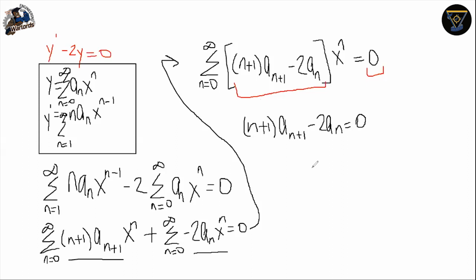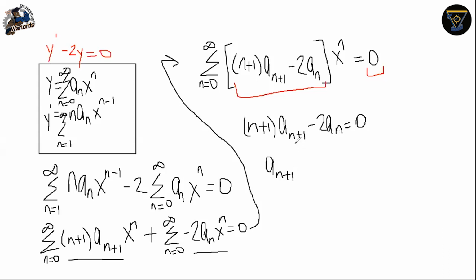So after this part, the next step is for us to transpose for a variable of a. Seeing that we have an a here and we have another a here, we need to transpose for the one that has a bigger index, right? So which one do you think has the bigger index? It's going to be a to the n plus 1.